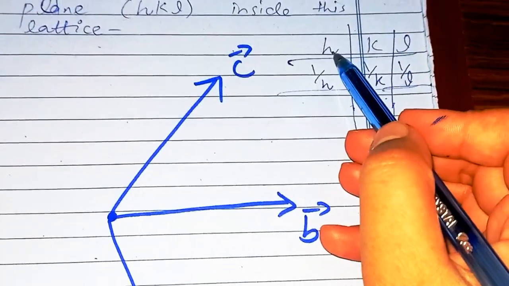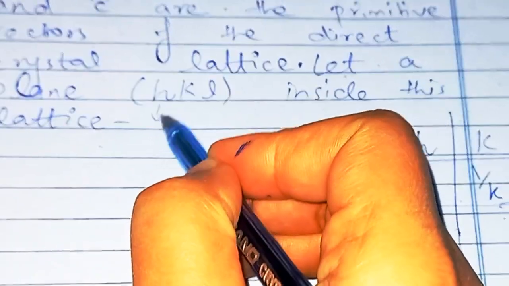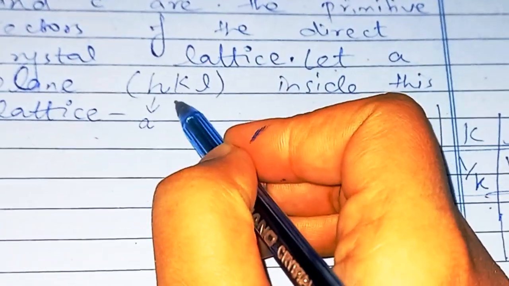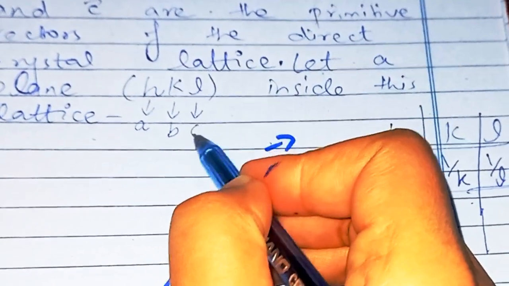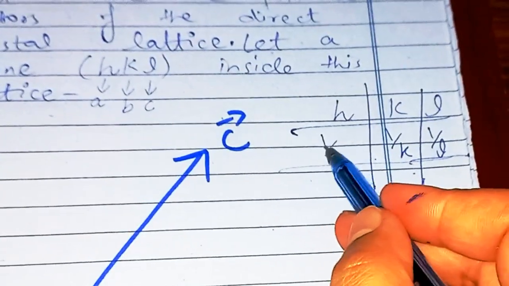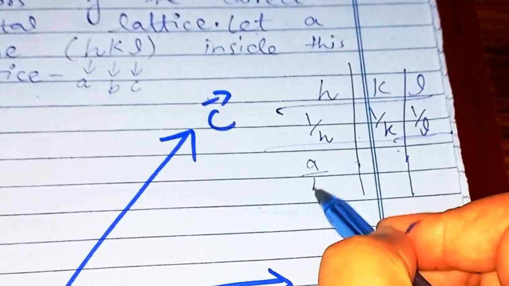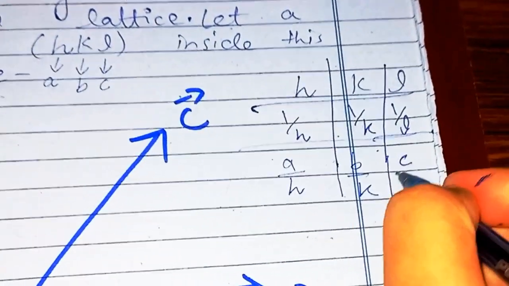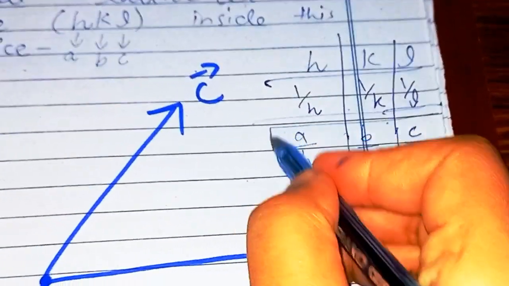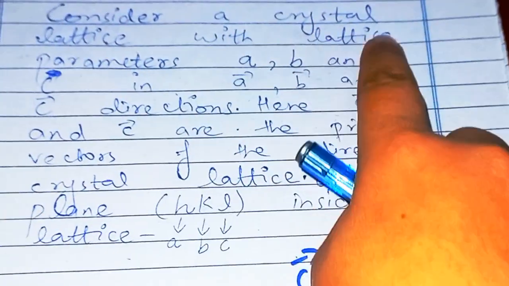The first index relates to the a direction, the second to the b direction, and the third to the c direction. So you multiply a with 1 over h, b with 1 over k, and c with 1 over l. These are the final intercepts of the hkl plane inside this crystal lattice.